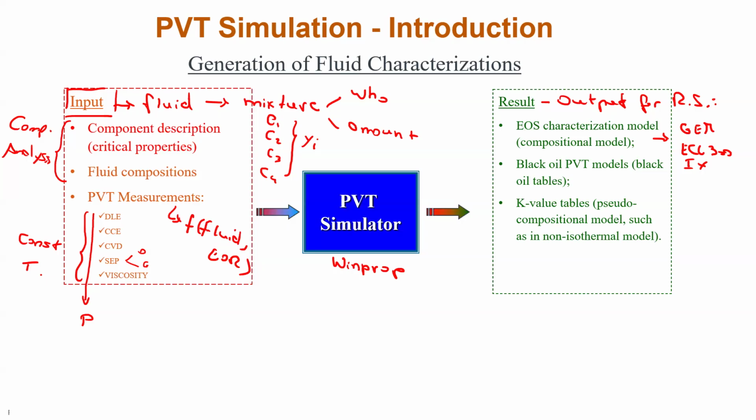So you have only three phases. You don't have the concept of component. You have only phases, oil, gas, and water. And the oil and gas can exchange mass. So the mass exchange is controlled by the solubility ratio, as a function of pressure.